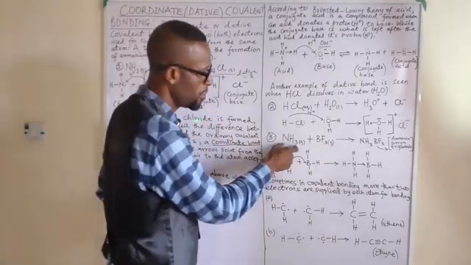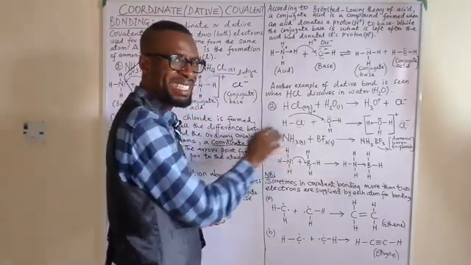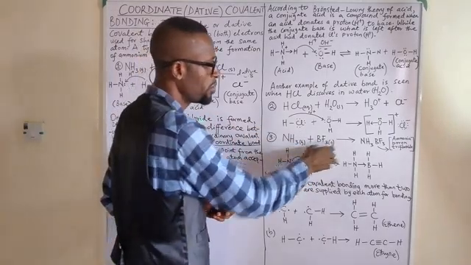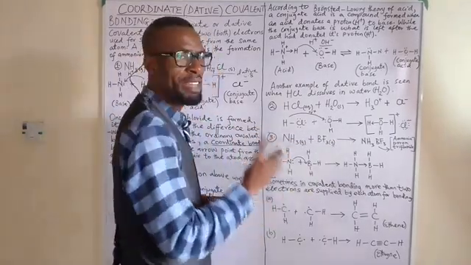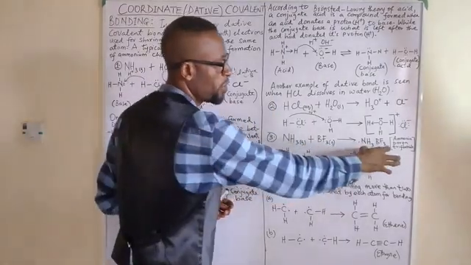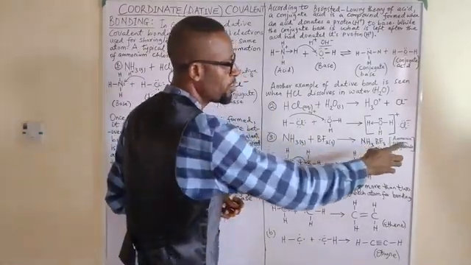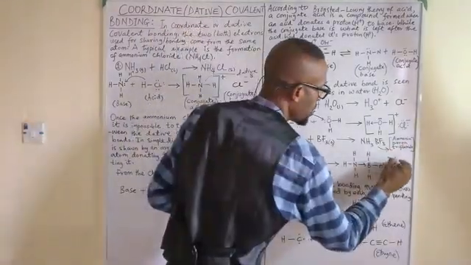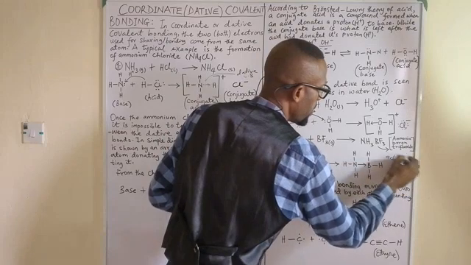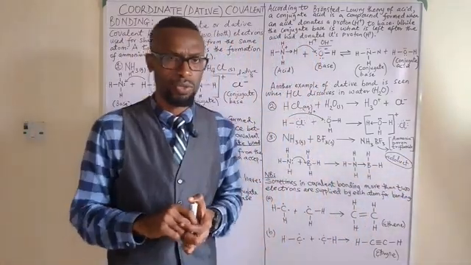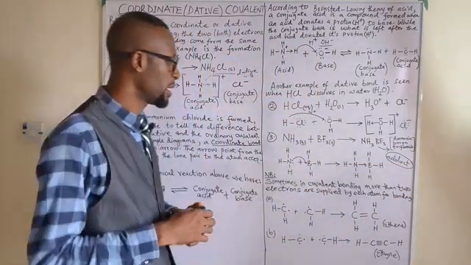Here you have ammonia, distinctively a basic gas, and here boron trifluoride, a very toxic gas. When you combine both of them, you make ammonia boron trifluoride, which is known as an adduct. This is what we know as an adduct in chemistry.